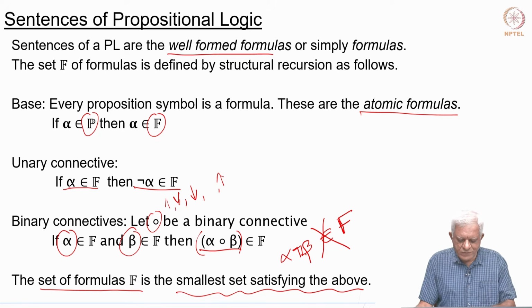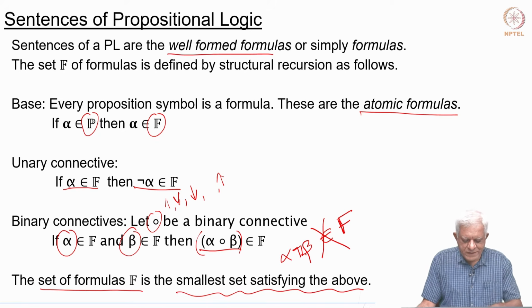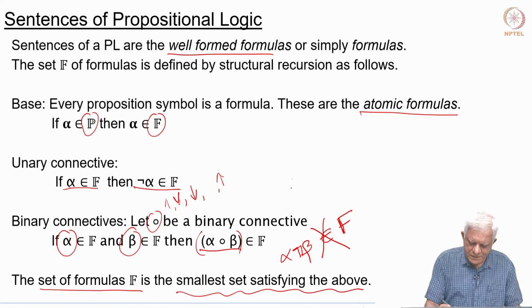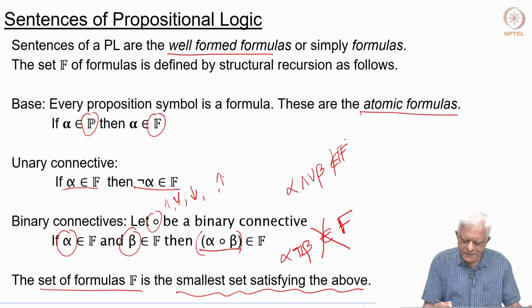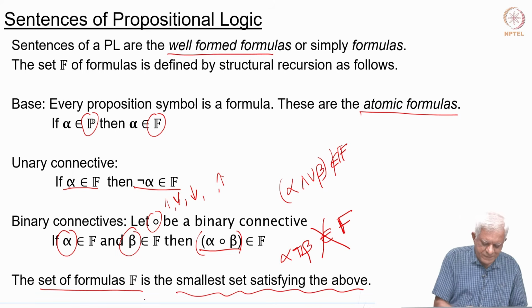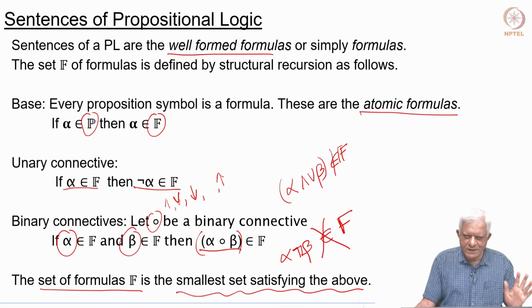Formulas are only those that can be constructed using these rules. So, alpha and or beta does not belong to the set F. That is not a formula. You can't put two logical connectives in between two formulas. Only what we have done here is allowed, and that is what we mean by saying that it is the smallest set satisfying the above.